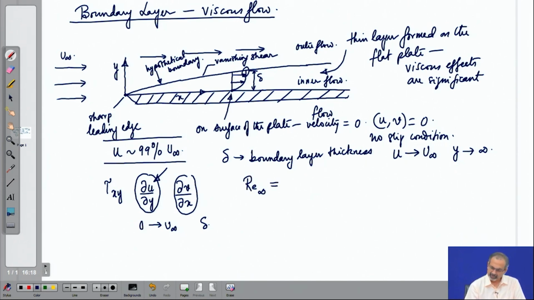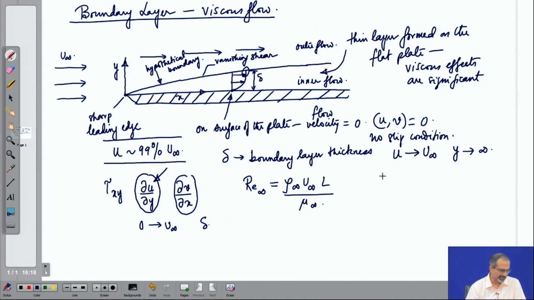The free stream Reynolds number for the free stream velocity that we have can be typically defined as, say, rho u infinity times, say, characteristic length scale of the problem by mu infinity.